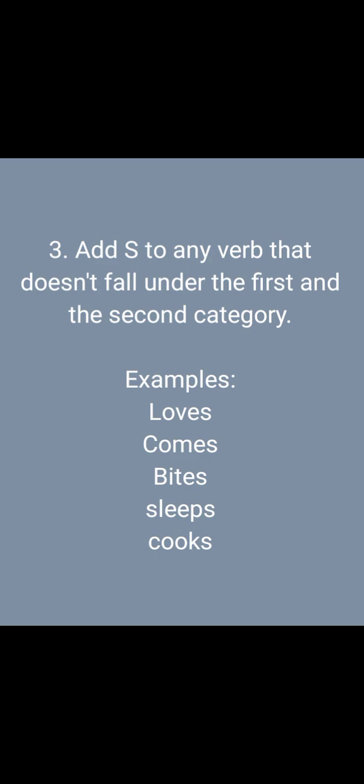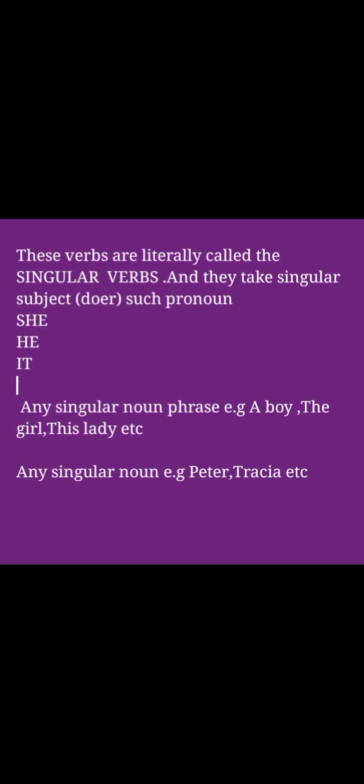When it ends with y that follows a consonant, you change the y to ies. And if it ends with y that follows a vowel, you add only s. But any that doesn't fall under these categories, just add s to them. Examples of these verbs, we have loves, comes, bites, sleeps, cooks, and so on.